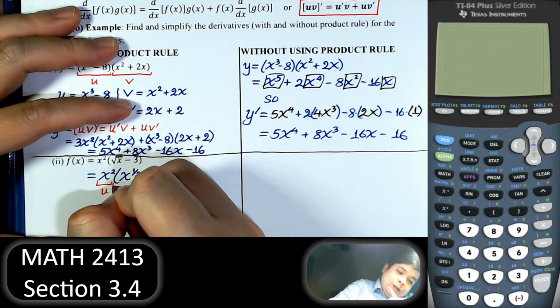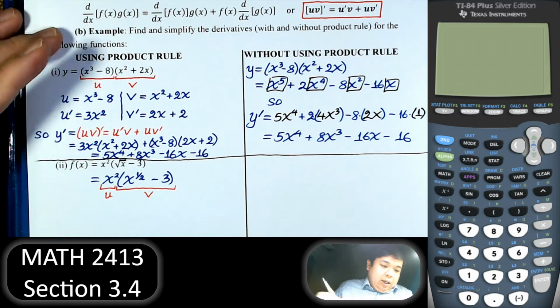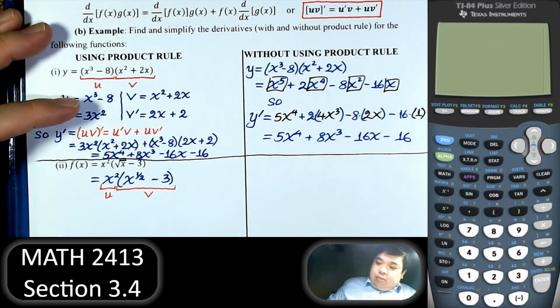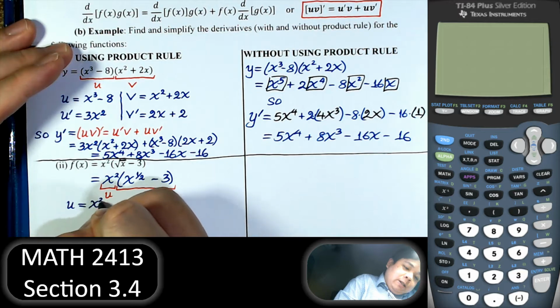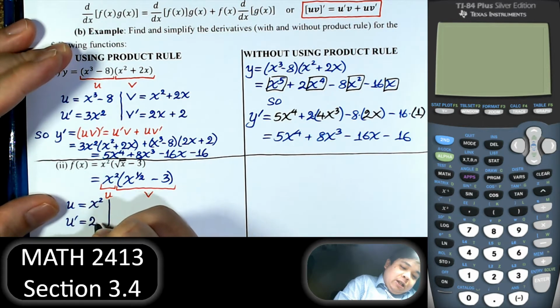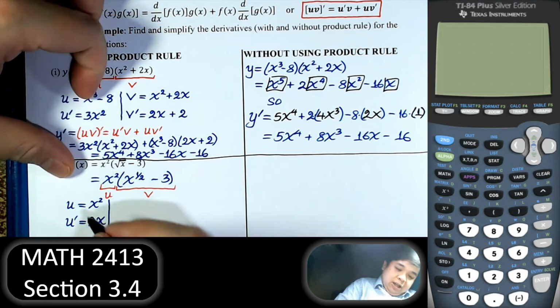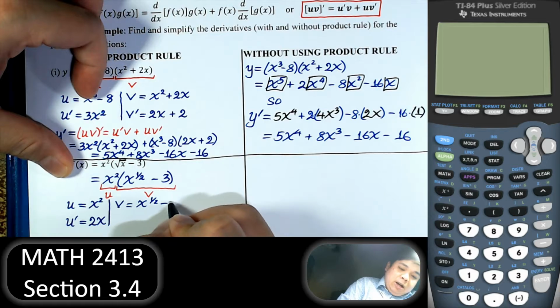u and v. So u is x squared, and its derivative is easily done: 2x. v is x to the 1/2 minus 3.